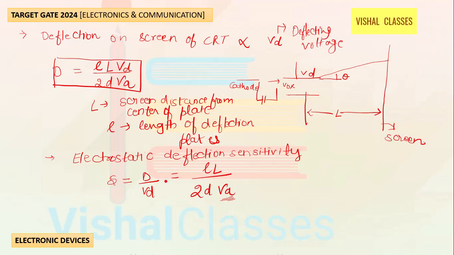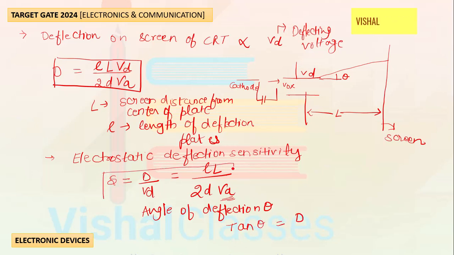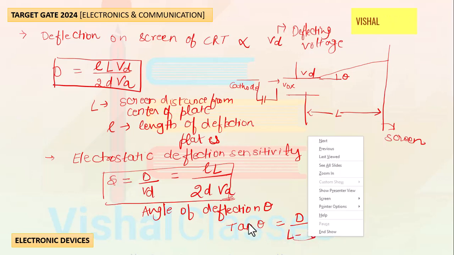And also write the angle of deflection theta in terms of tan theta. We will write this formula as tan theta equals d upon capital L minus small l.